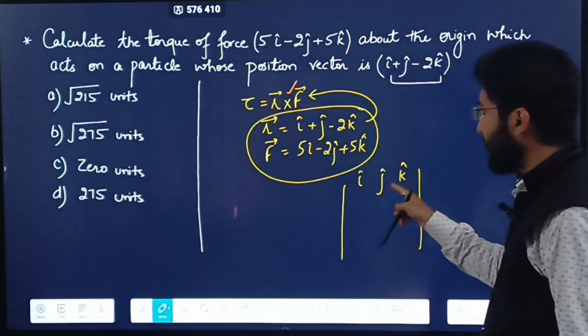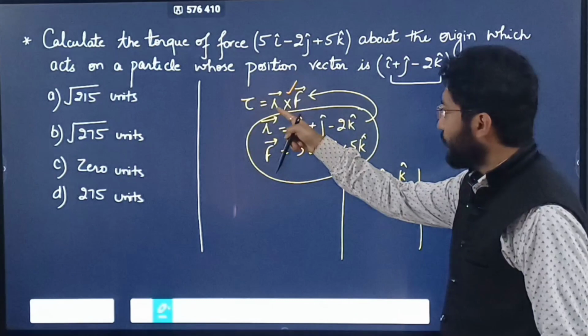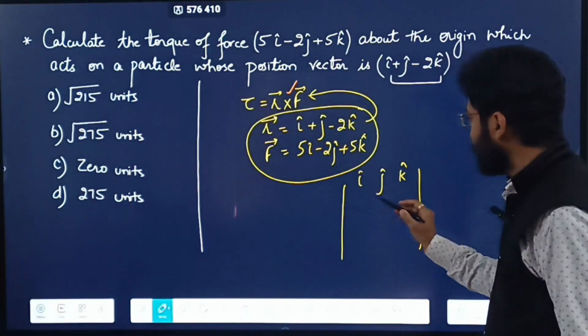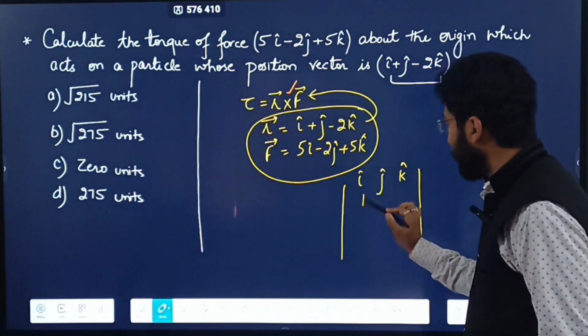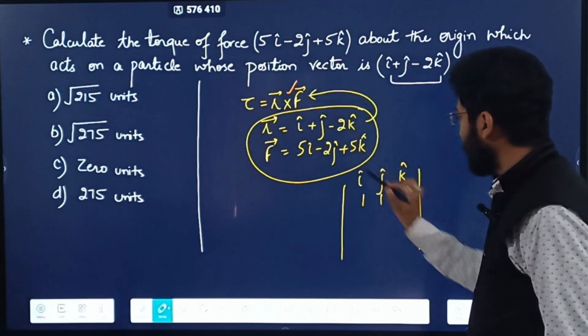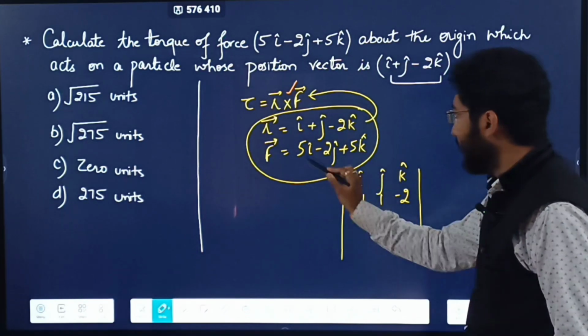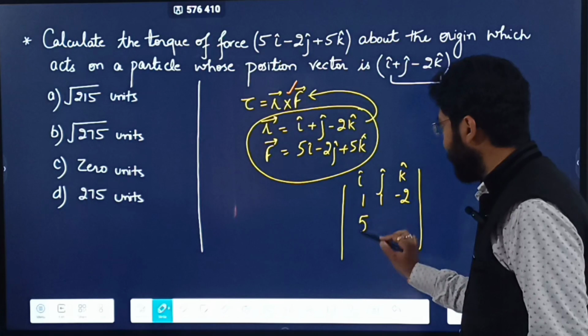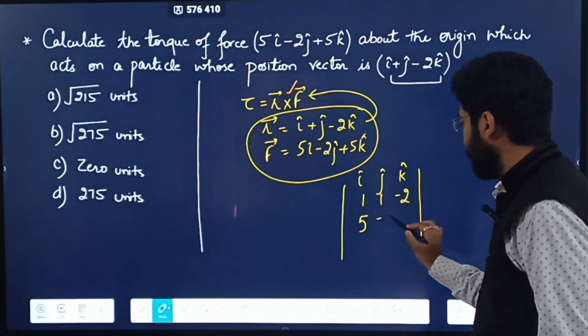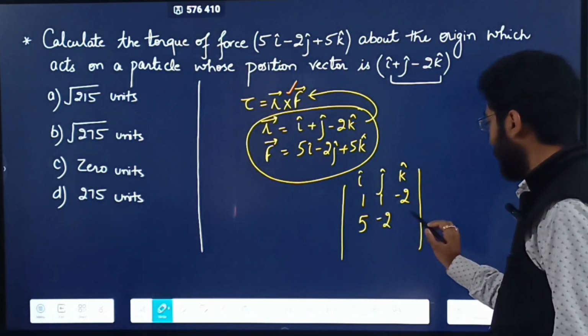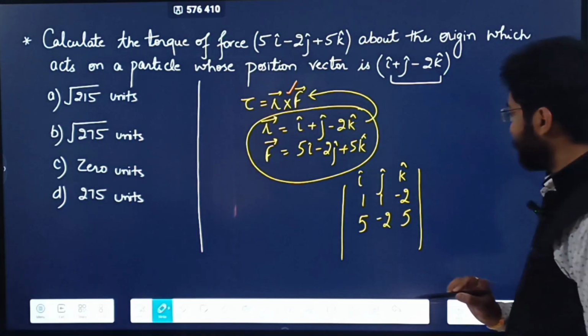Firstly you write i j k cap. Then you put the value of the r vector, which is 1, 1 and minus 2. The value of F is 5, minus 2 and 5.